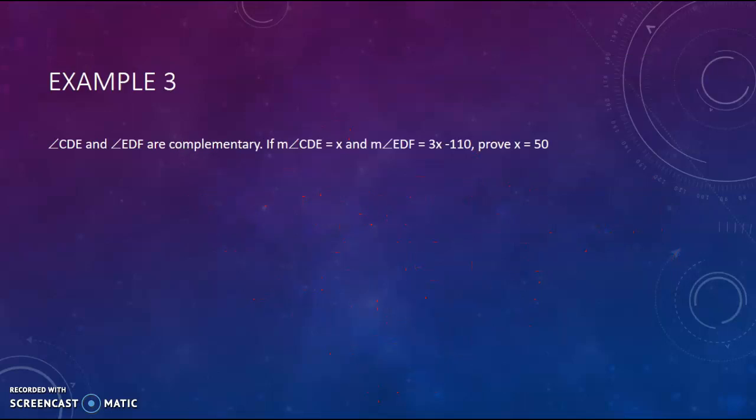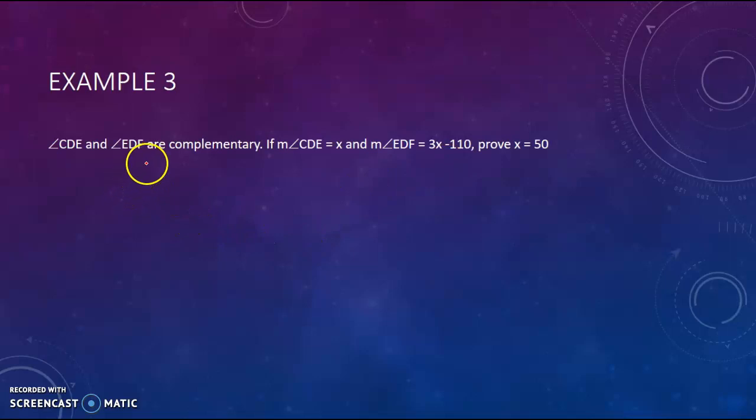Example 3. Here we're given that angle CDE and angle EDF are complementary. And we're also given that CDE equals x and EDF equals 3x minus 110.